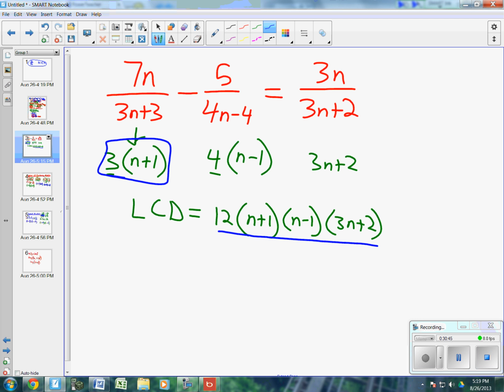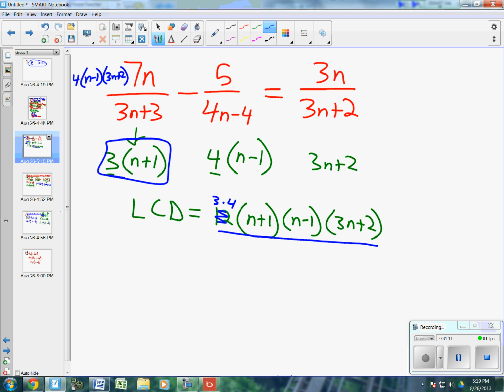If you wanted to rewrite this 12 as 3 times 4, it might help you as you're doing this. So the 3 times n plus 1 is going to cancel out on this first one, and that's going to leave me with a 4 times n minus 1 times 3n plus 2.